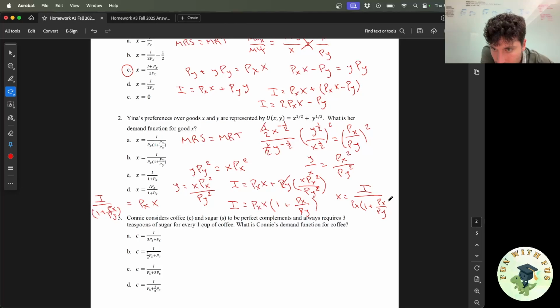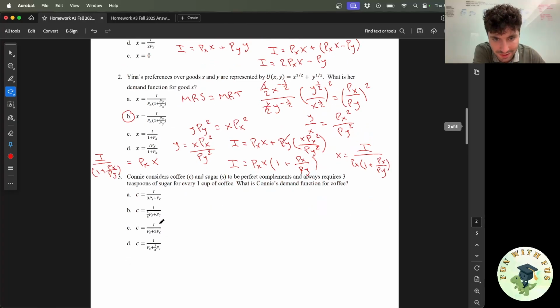The little peewees. And hopefully, I think that gets us I over px times 1 plus px over py. Awesome, that's B. And let's make sure that is in fact right. Okay, the answer is B. That's sneaky. They put py and px mixed up, so if you weren't closely checking, you might pick A by accident.